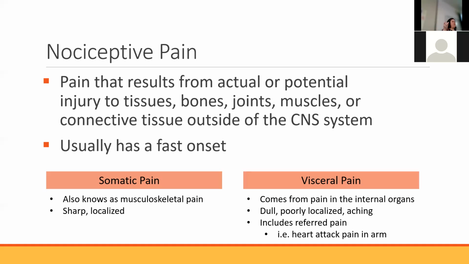The other thing with visceral pain is that it doesn't always line up with location. That's why with heart attacks, you feel pain radiating down the arm. There's nothing happening in the arm. But again, our brain isn't always perfectly tuned in. It knows something's going on, but it's sending that pain signal to the general area. It's just not perfect.